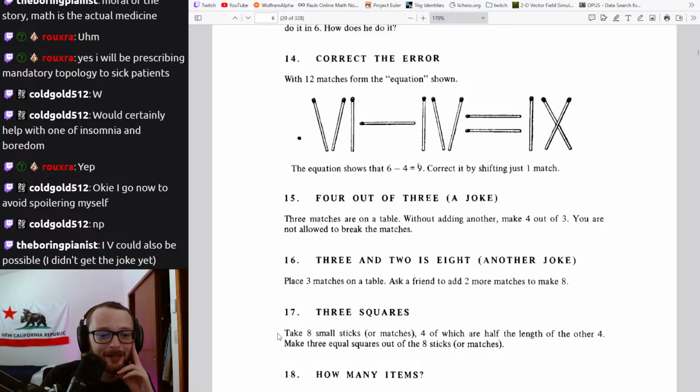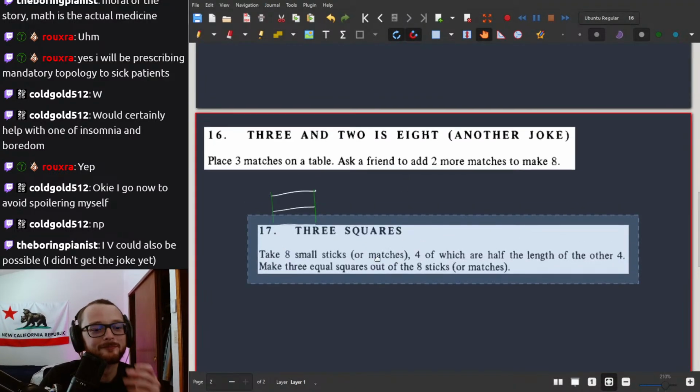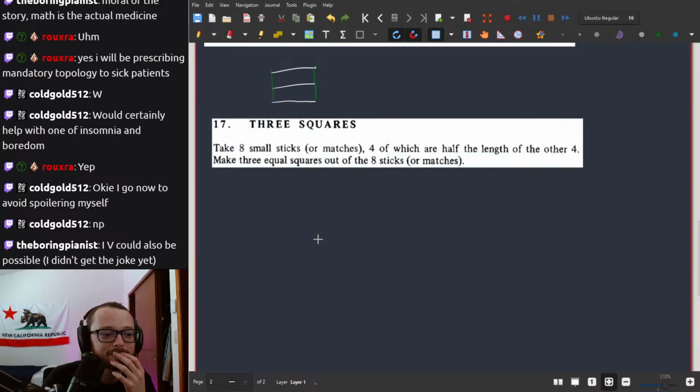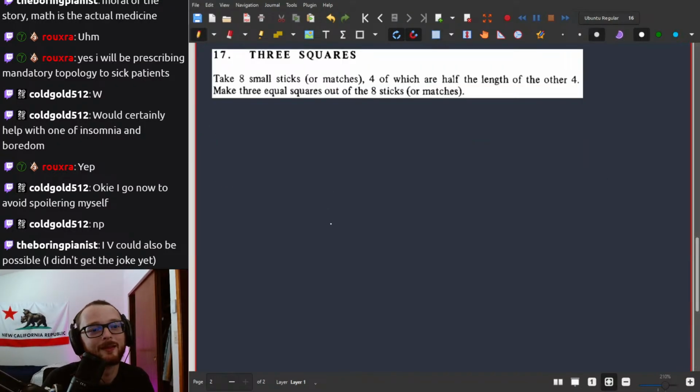3 squares. Take 8 small sticks or matches, 4 of which are half the length of the other 4. Make 3 equal squares out of the 8 sticks or matches. Why are they giving us this choice all of a sudden of sticks or matches? Make 3 equal squares out of the 8 sticks. I got it, I think.